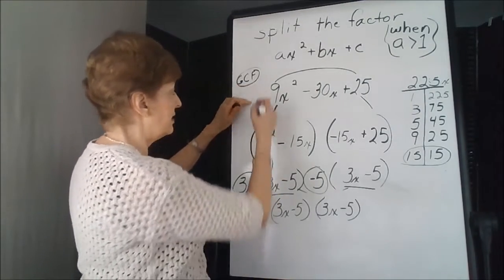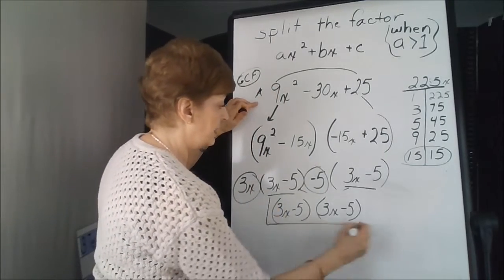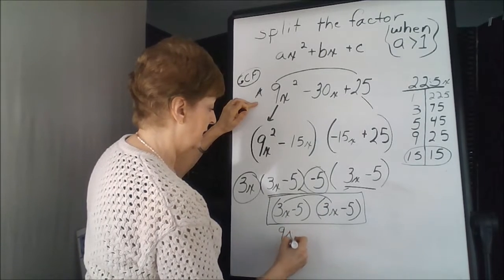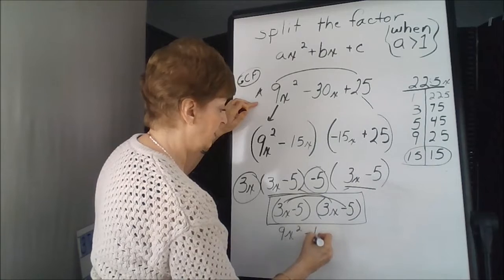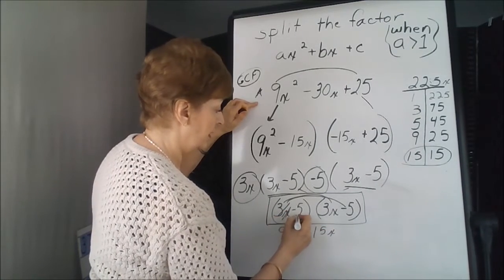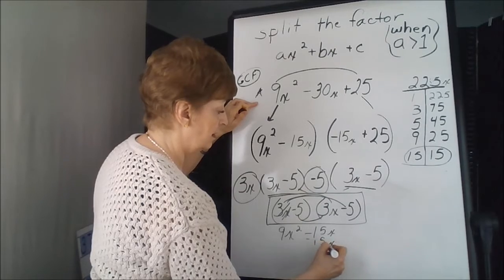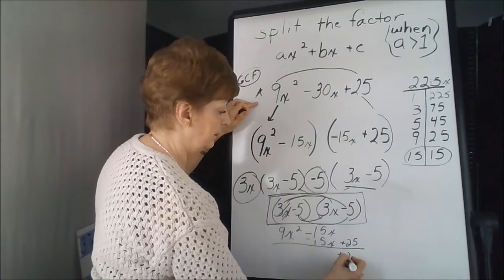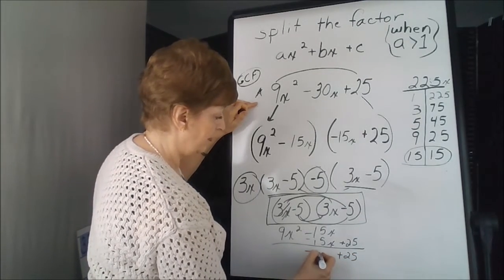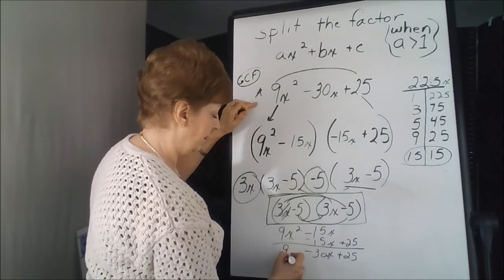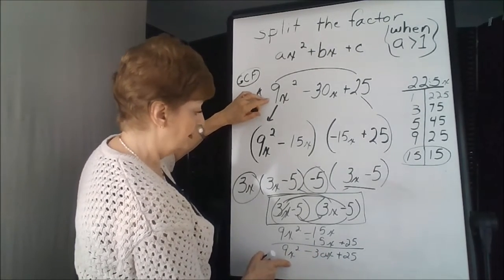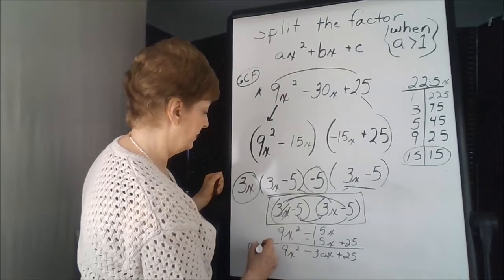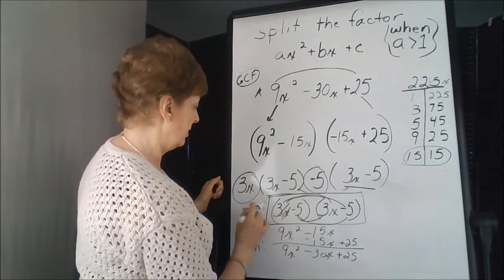And if you wanted to check this to come back to the original, this would be 9x squared minus 15x minus 15x plus 25, which is 9x squared minus 30x plus 25. It checks. This is our answer.